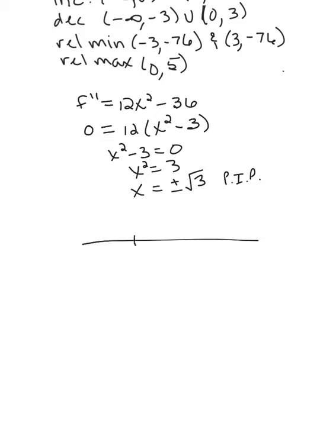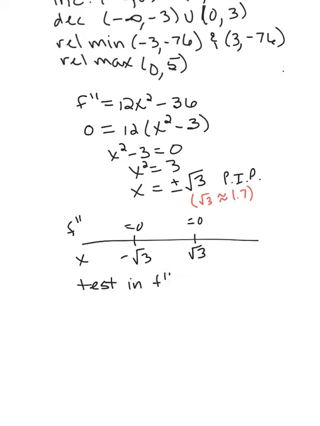So we need to put those on the number line. And this is where our second derivative equaled 0. Now, just so you know, the square root of 3 is about 1.7. So when we decide on our testing, we have to use that number to help us figure out what to do.